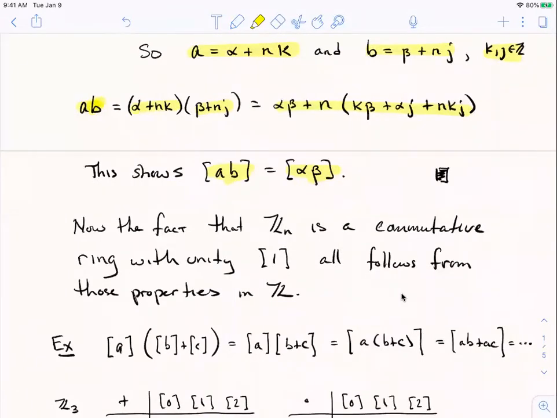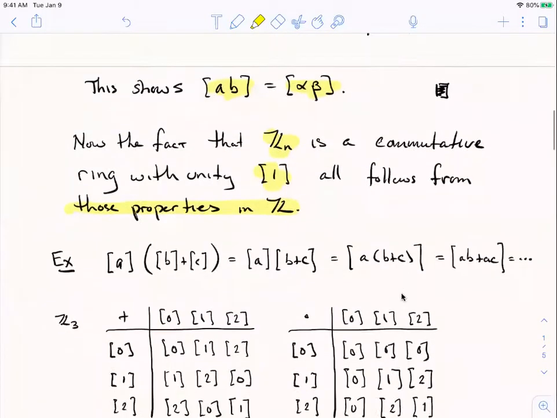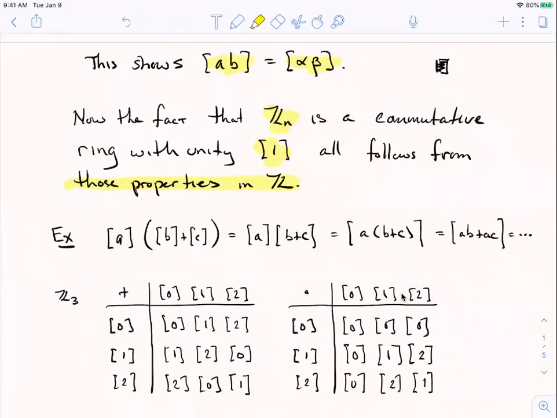Now the fact that Z sub n is a commutative ring with unity 1 all follows from those properties in Z. I'm going to leave it to you to prove that. Maybe I can make some pieces of it homework problems. Here, I started writing out the distributive law. One thing you'd have to check is, does the product of A with the sum of B and C distribute? What do you mean by the sum of B and C? You mean that thing, and we just proved that this multiplication is well defined.